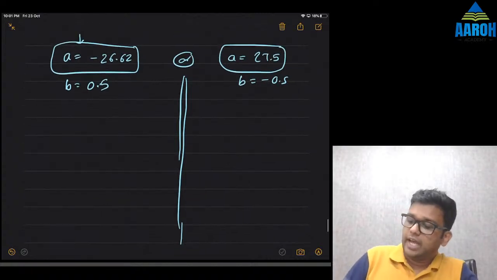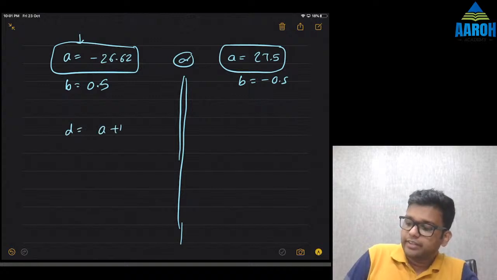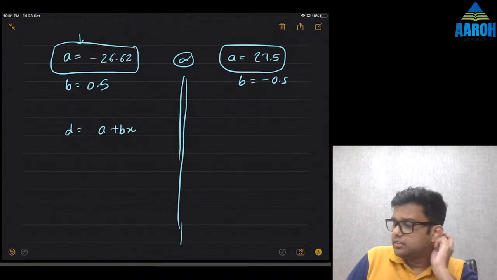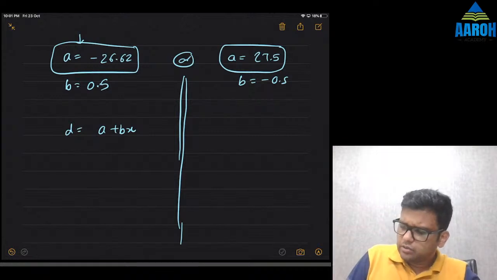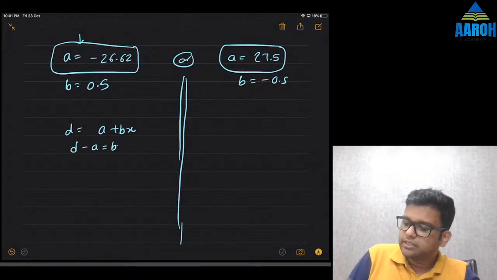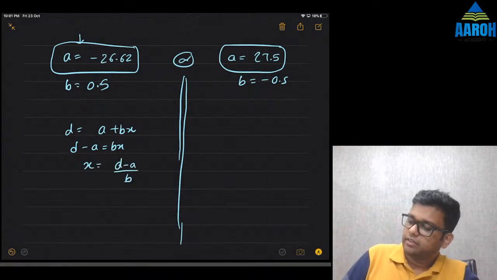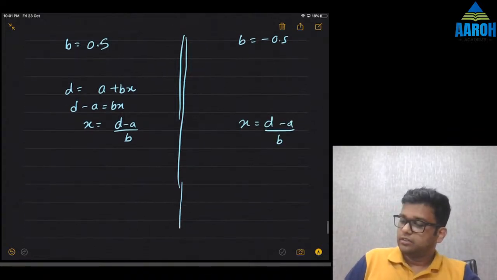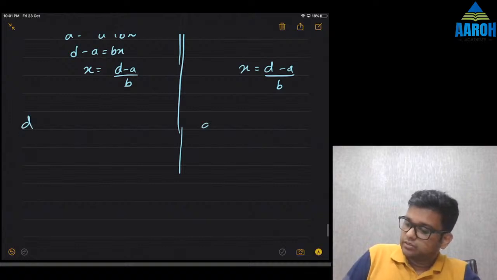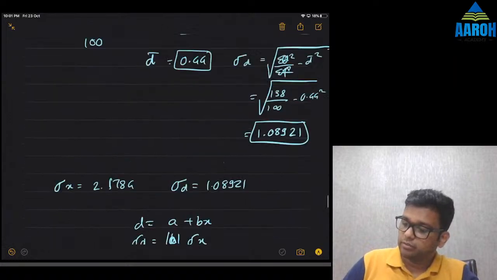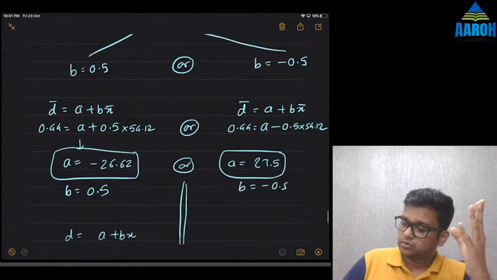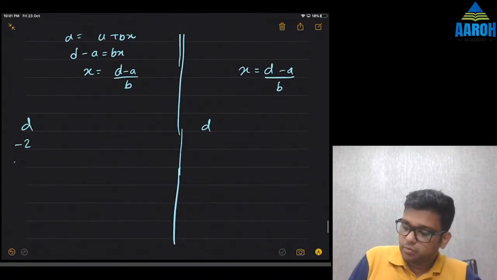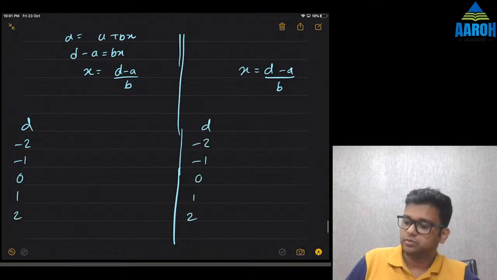Now we know that d is equal to a plus bx. That means we have d already, right? So d minus a is equal to bx. Therefore, x will be d minus a upon b, right? We have d values. What are d values? D column: minus 2, minus 1, 0, 1, 2.